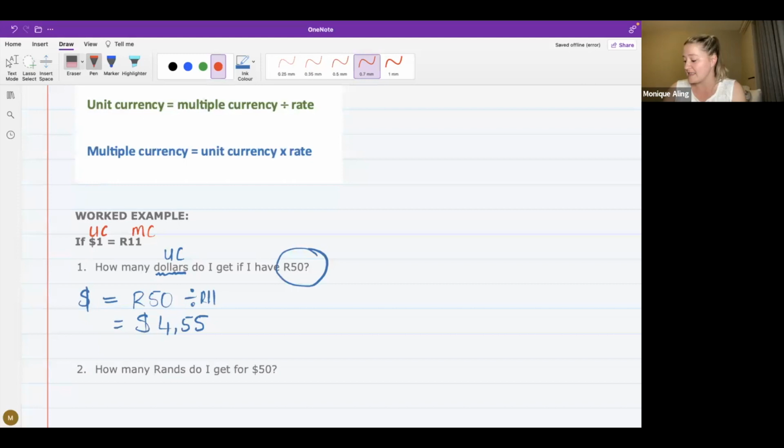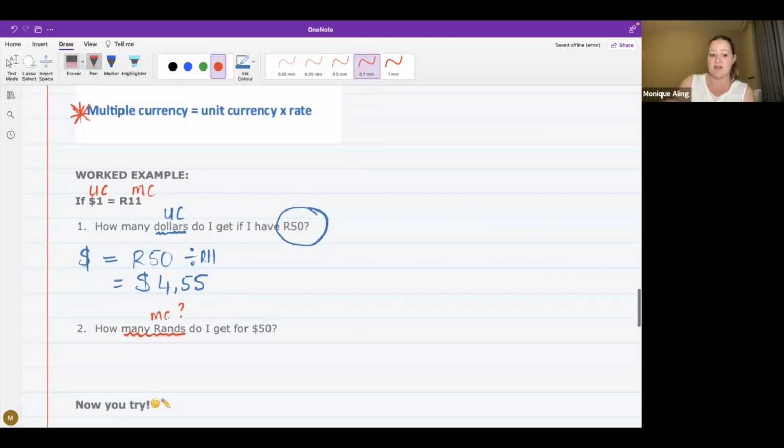But in this instance, they're asking how many rands. So they're asking for our multiple currency. Because we're working on multiple currency, we look at the multiple currency formula. So we take the amount in the question, $50, and because we're doing multiple currency, we times by the exchange rate.